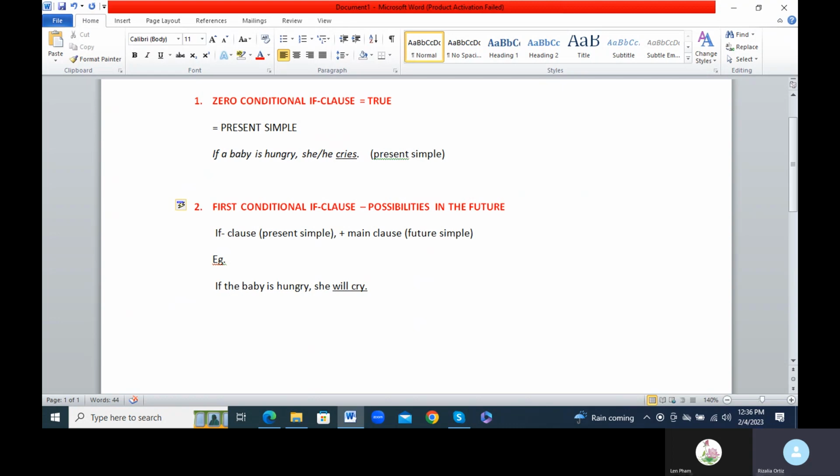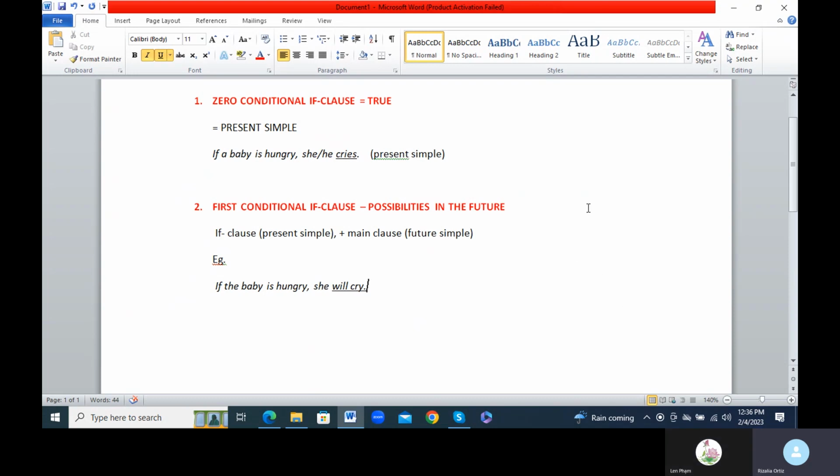Maybe we're talking to a specific baby, and you say, if that baby is hungry, it is very possible that that baby will cry, right? This is a possibility in the future, so we're talking about a specific baby here.